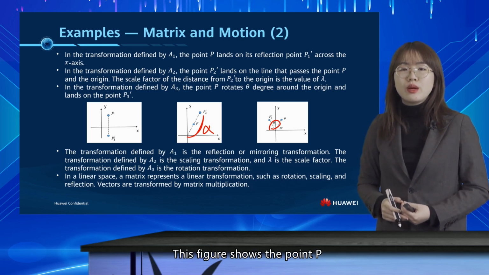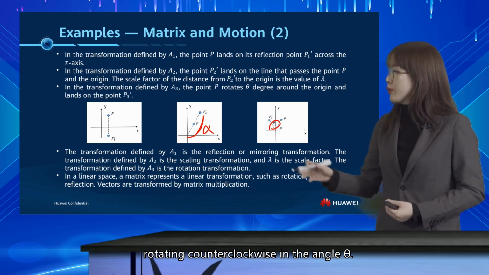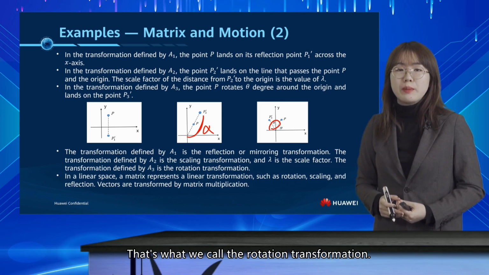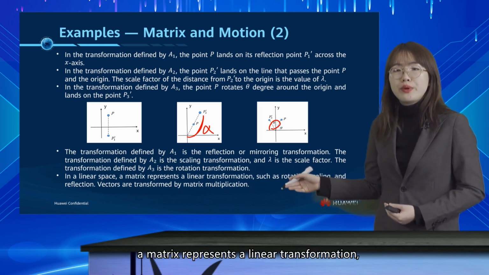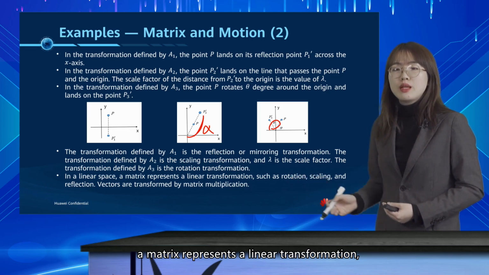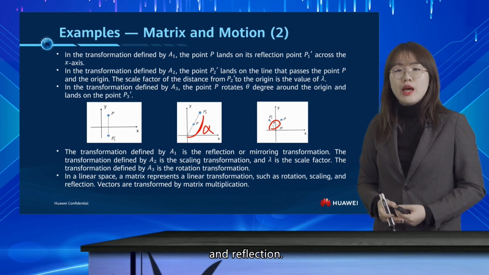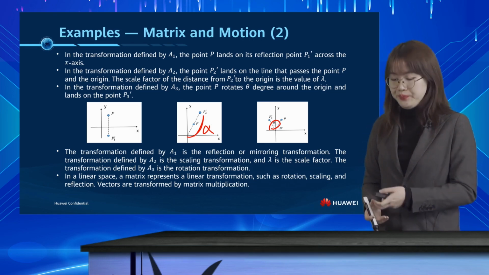This figure shows the point P rotating counterclockwise by the angle theta. That's what we call the rotation transformation. In linear space, a matrix represents a linear transformation, such as rotation, scaling, and reflection. Vectors are transformed by matrix multiplication.